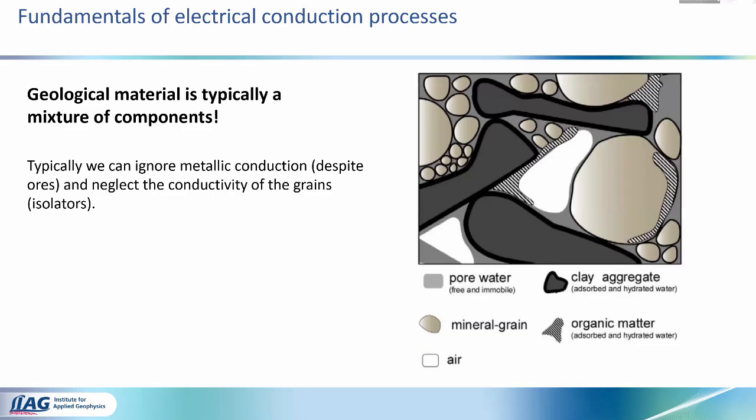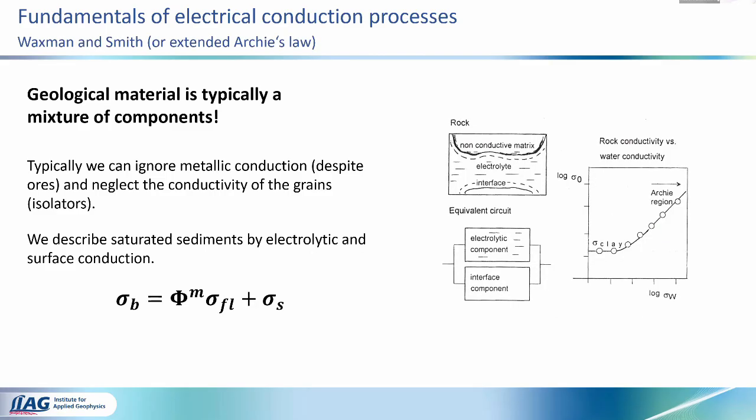The current needs to flow somewhere here, going there, whatever. If there's no connection, then I would not have conductivity. And this is what is covered by this so-called cementation exponent.